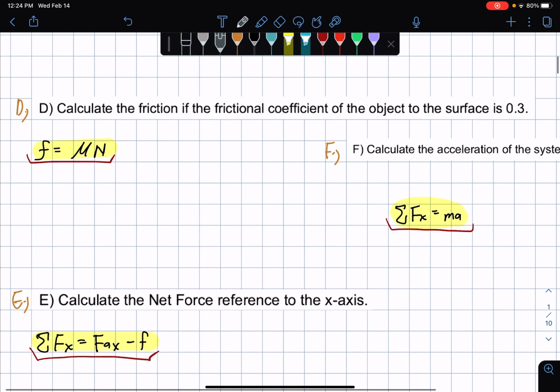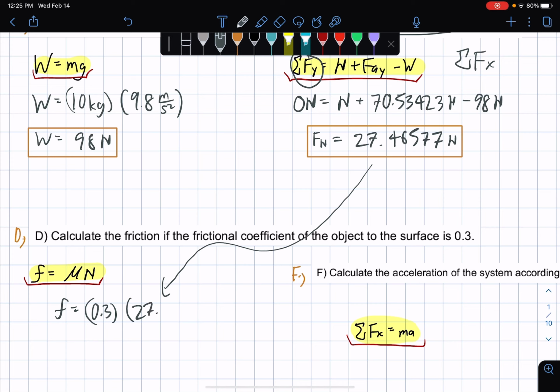Okay, so we calculate the friction if the frictional coefficient of the surface is 0.3. So frictional coefficient is 0.3, and our normal force is 27.46577 newtons.